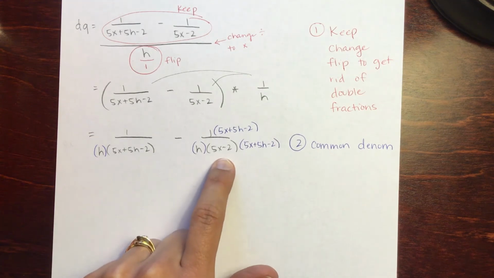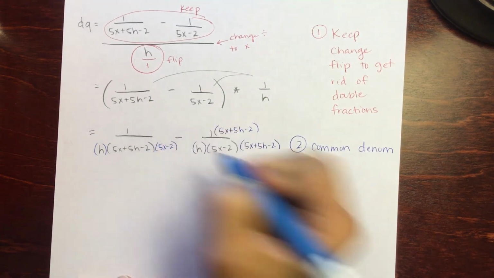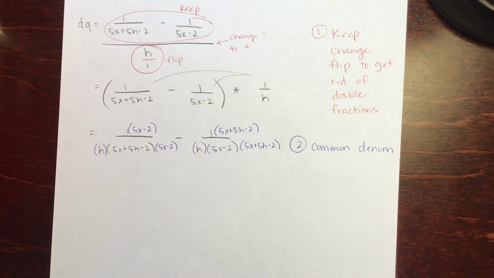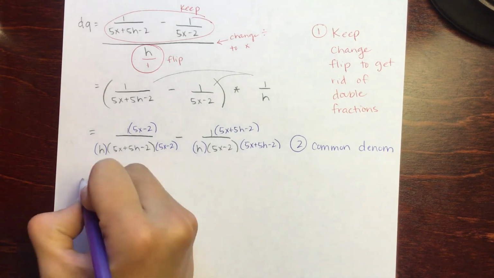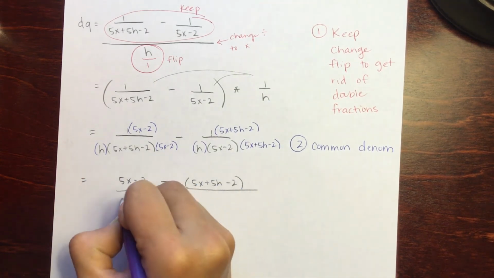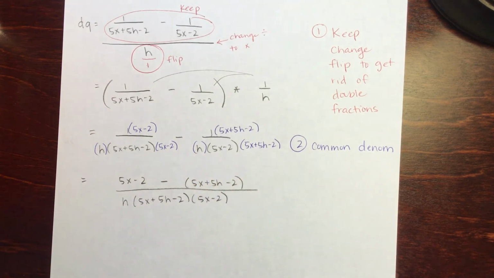Similarly, the second denominator has a 5x minus 2. Whatever I put in the first denominator, I have to also put in the first numerator. Now it's written as one long fraction, and all that's left to do is to simplify.